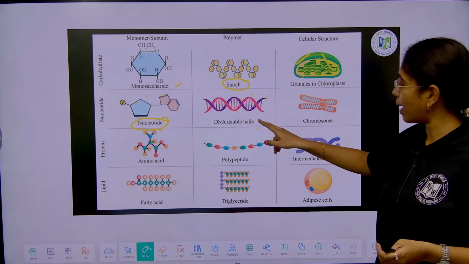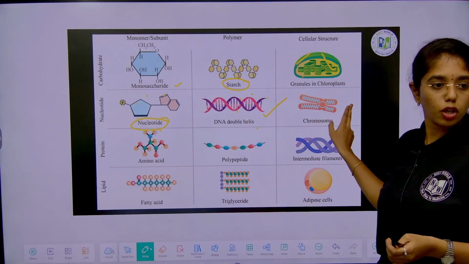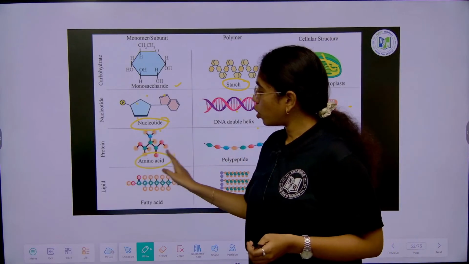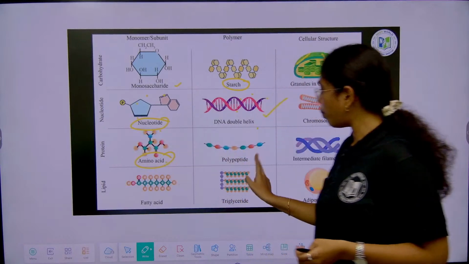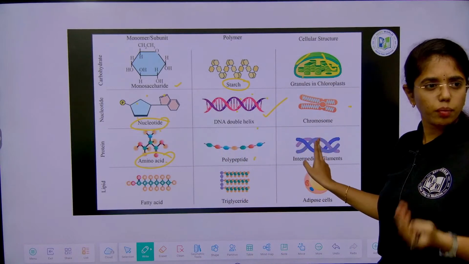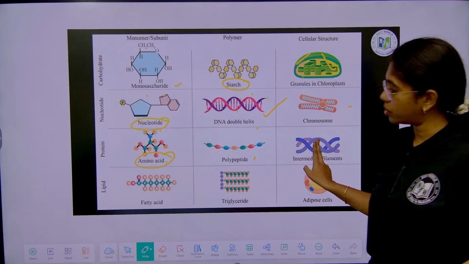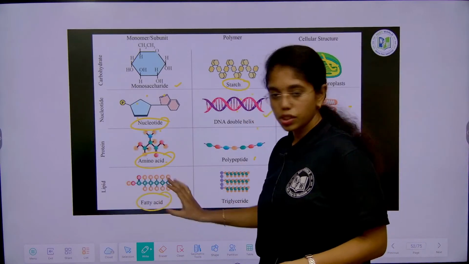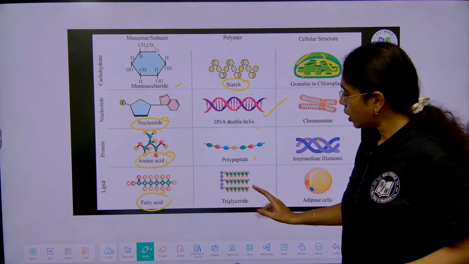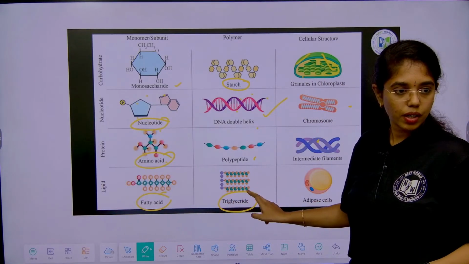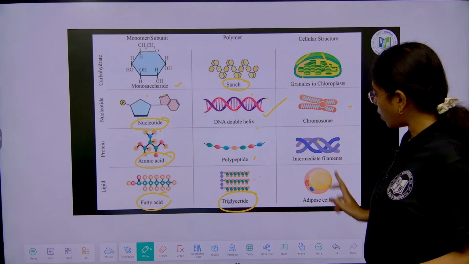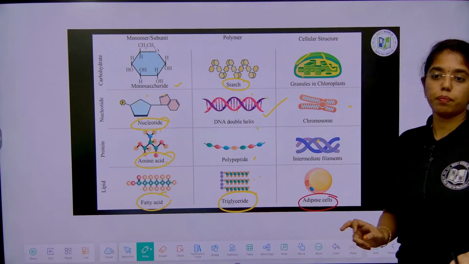Polynucleotide chain, for example, DNA observed in chromosome. The monomer is amino acid for polypeptide, observed in intermediate filaments, microtubules, microfilaments and all this. Lipids, fatty acid is one monomer. Triglycerides have 3 fatty acids. Example, it is present in adipose tissue.